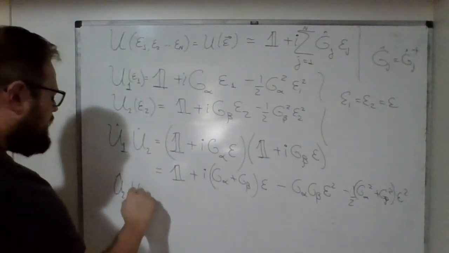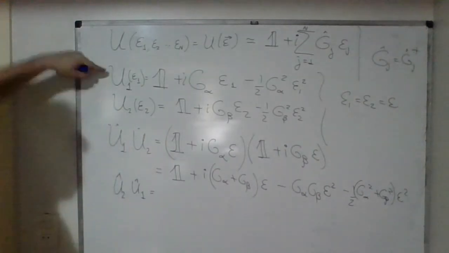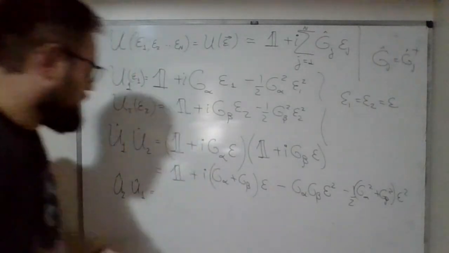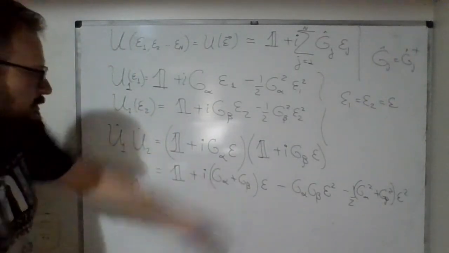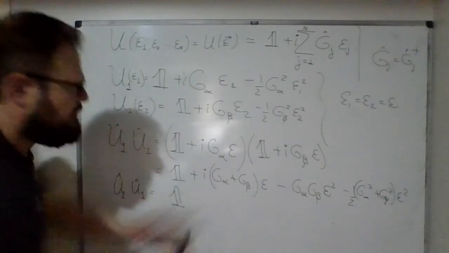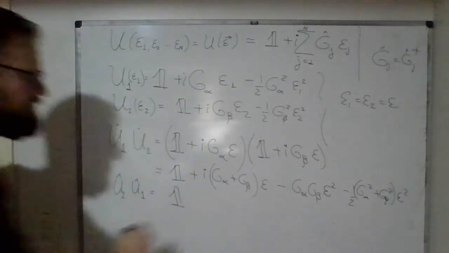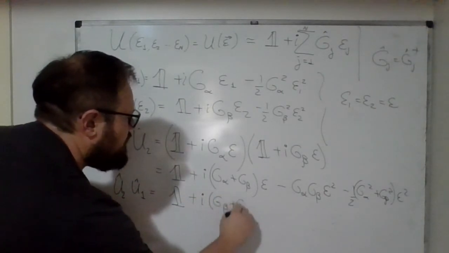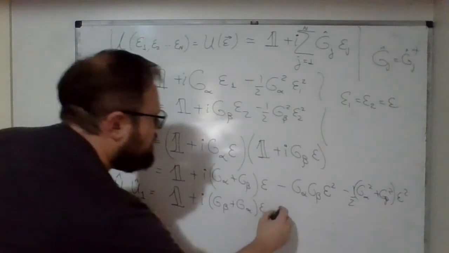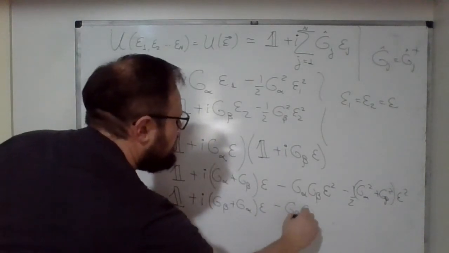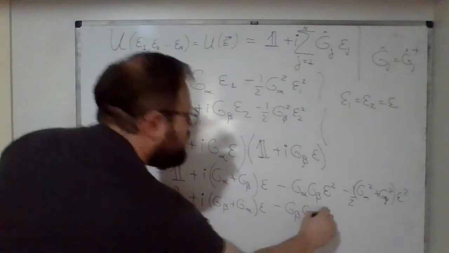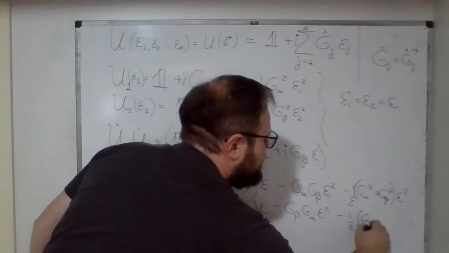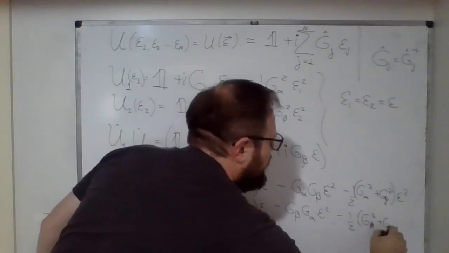So it corresponds to applying the transformation 1 first and then the second, in this order. And if you do the math, you'll find out that reversing alpha and beta is just that, plus I, g beta plus g alpha, epsilon, minus g beta g alpha epsilon squared, and that term is the same. You can reverse the orders here, no problem.